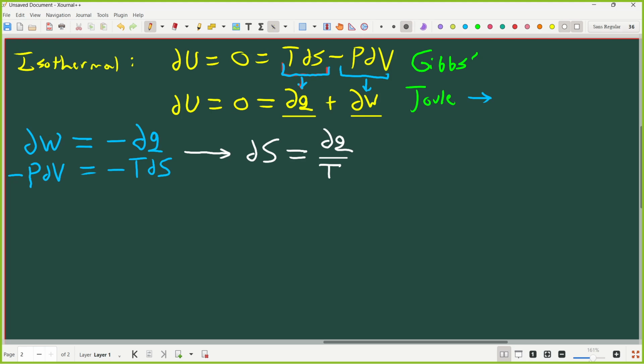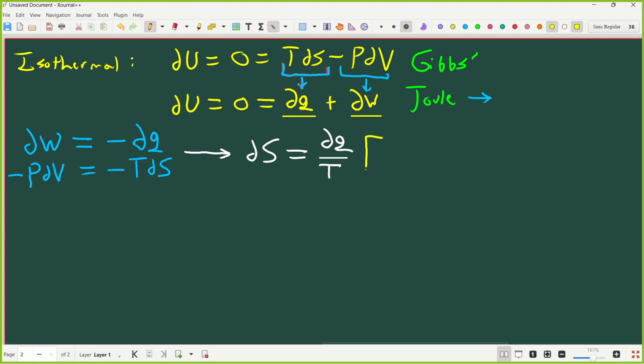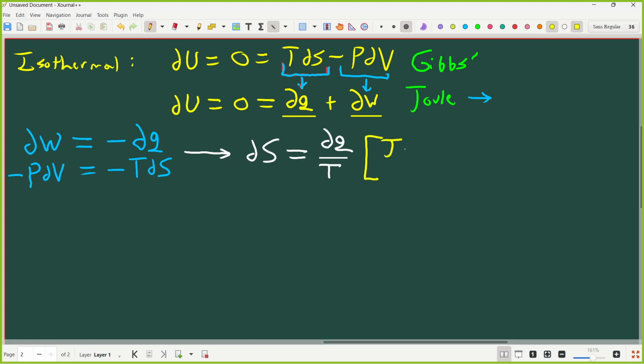So entropy is kind of like a specific amount of heat. The units of entropy are not joules, but joules per Kelvin. If you've measured your entropy and you want to know how much heat is being transferred, you have to measure the temperature.